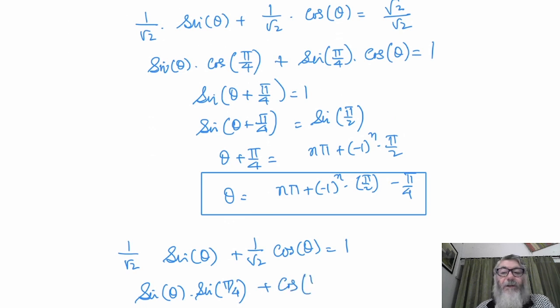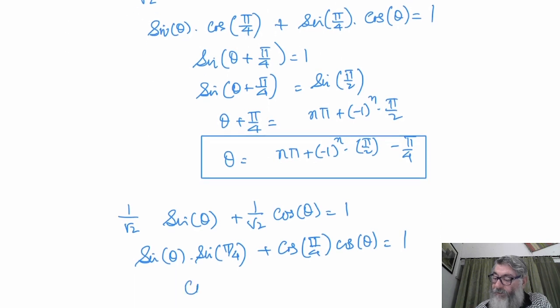Cos A cos B plus sin A sin B is actually cos A minus B, and it is 1. So actually cos 0 is 1.